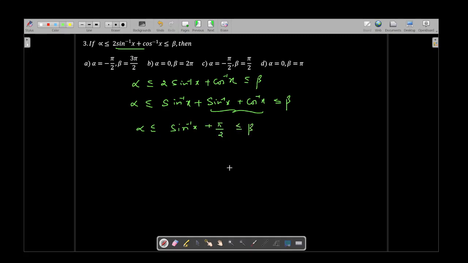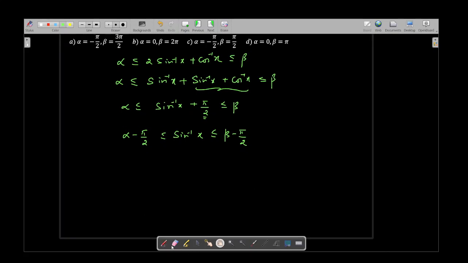or equal to beta. So I can remove this pi by 2 by adding minus pi by 2 to this equation. So alpha minus pi by 2 less than or equal to sine inverse of x, and the pi by 2 will go, and I'll get beta minus pi by 2.